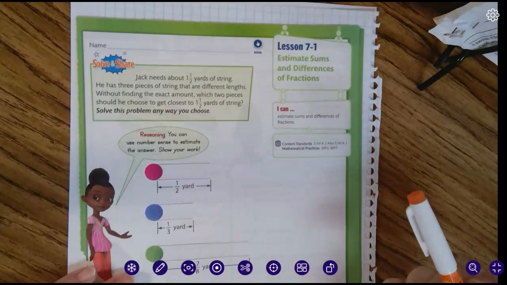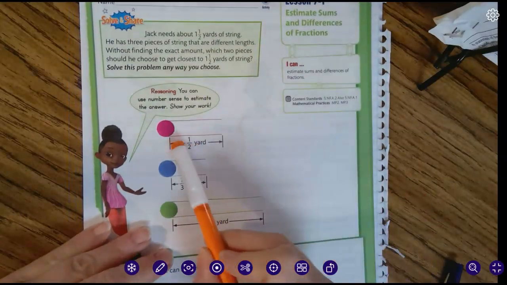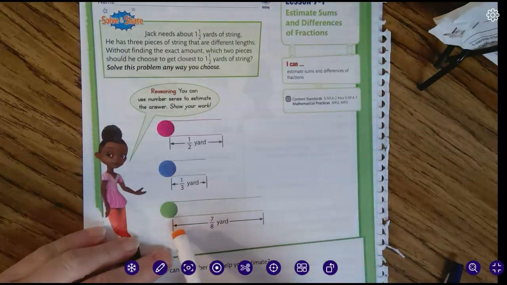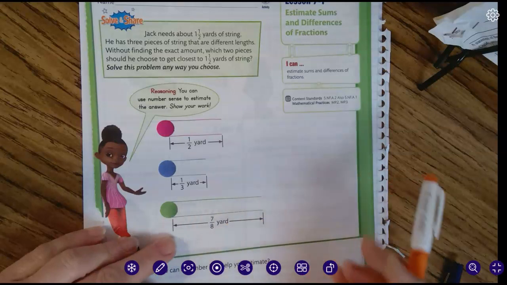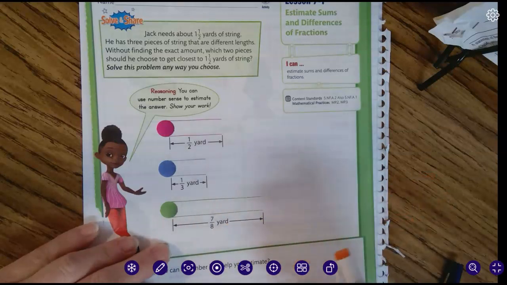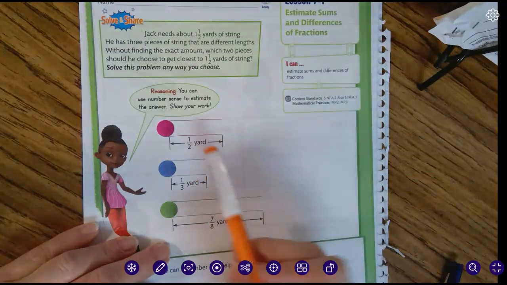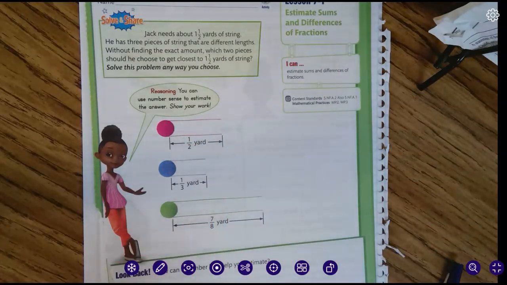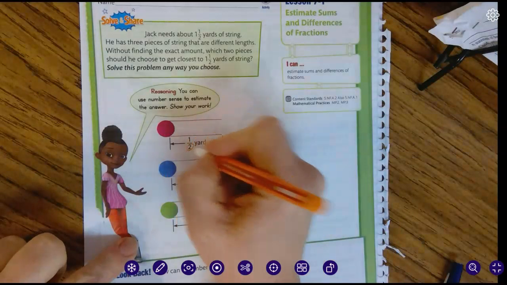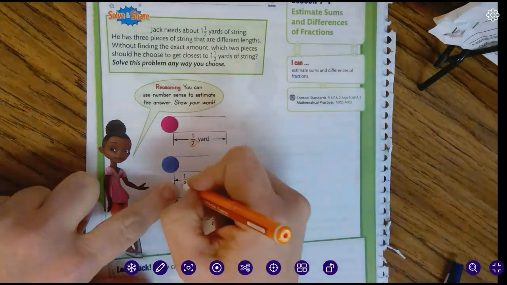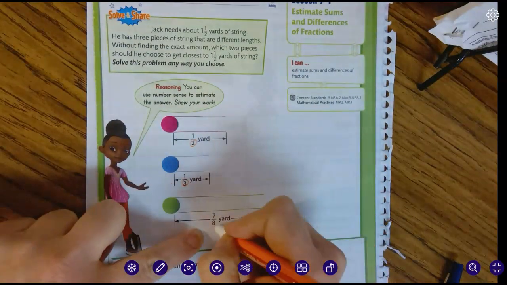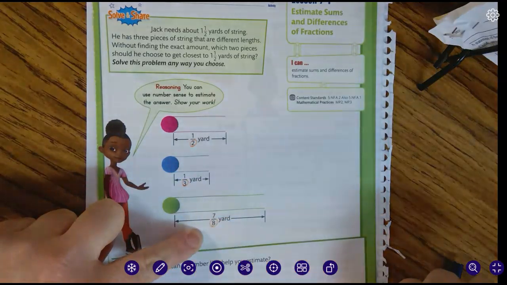I want to show you right here. This shows 1/2 yard, 1/3 yard, and 7/8 yards. It's all part of the same type thing, but it's been broken up differently. So if you have a 1/2 yard, it's been broken up into 2 pieces. 1/3 means it's been broken up into 3 pieces, and 7/8 has been broken up into 8 pieces.